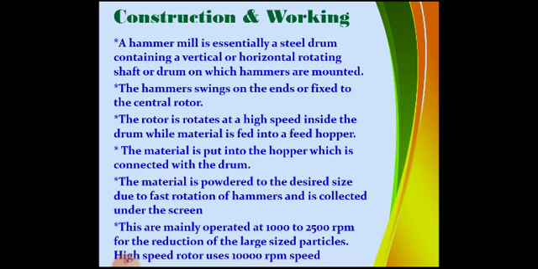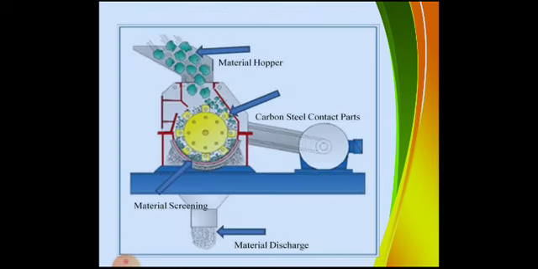It is mainly operated at 1000 to 2500 rpm for the reduction of large size particles, while a high speed rotor uses 10,000 rpm. As you see in the diagram, the material enters through the hopper. There are carbon steel contact parts, the material screening, and the material discharge.